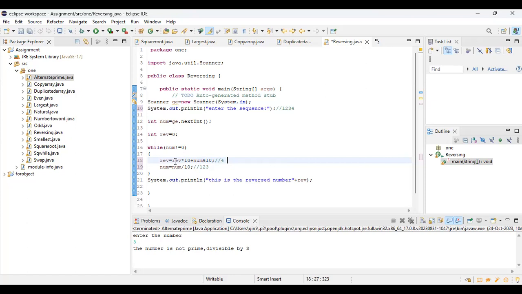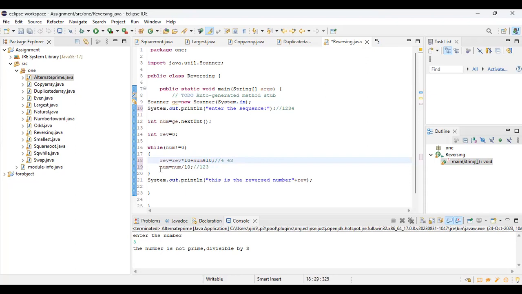So it is 4 into 10, that is 40, plus 123 modulo 10. As the remainder is 3, not the quotient value, therefore here I'll be getting 43.